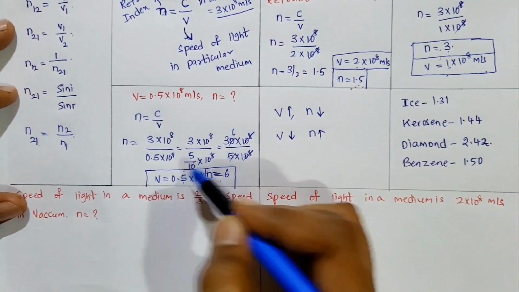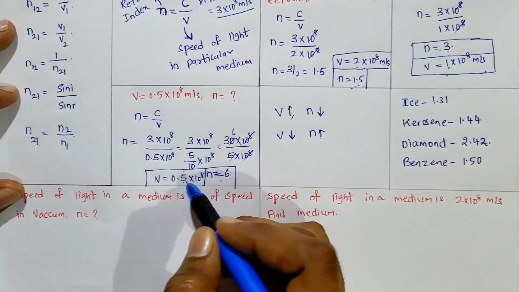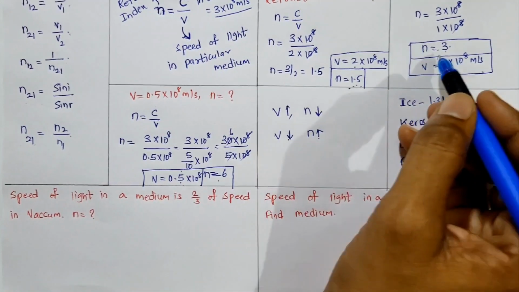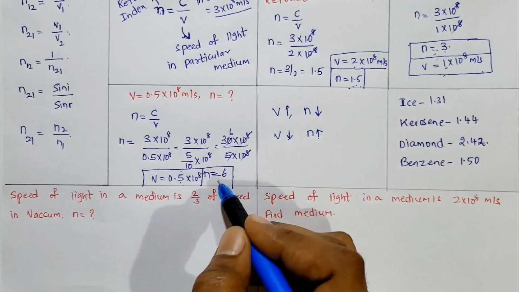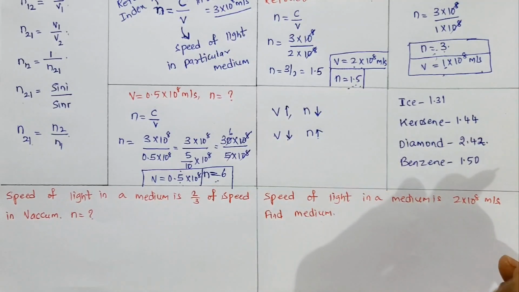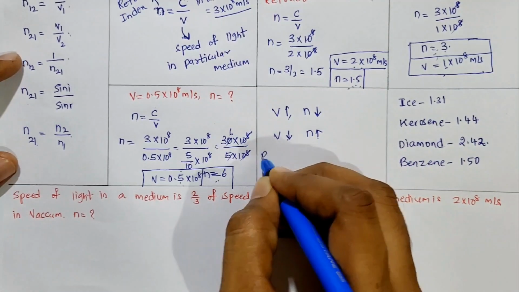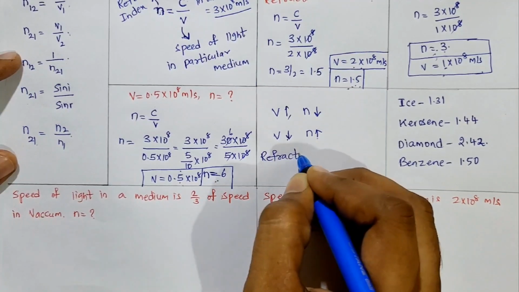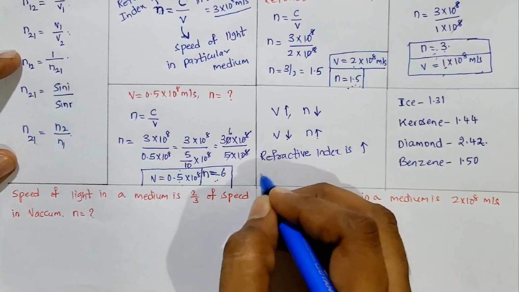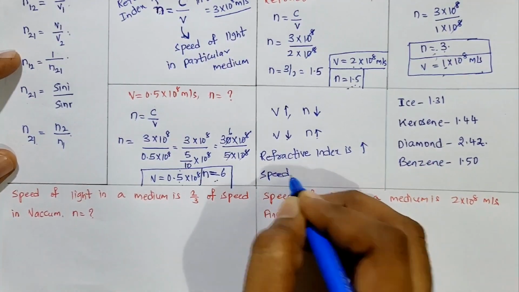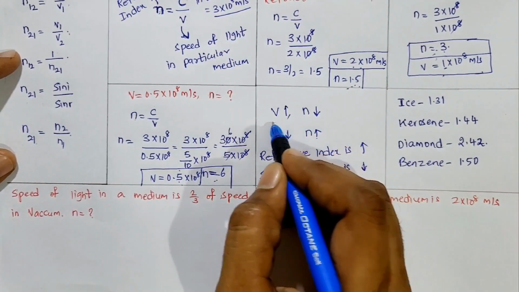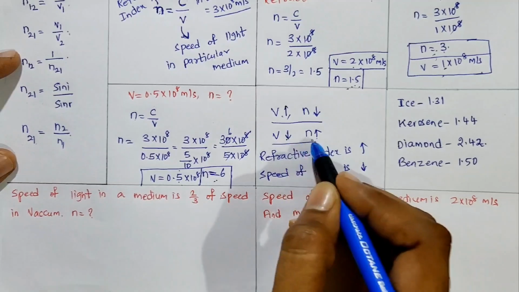From here to here if you see, v is 1 into 10 power 8. Here v is 0.5 into 10 power 8. v decreased. What happened to n? From 3 to 6, refractive index is increased. So what you have to understand here is, if the refractive index is more, speed of light will be less. v is more, n is less. v is less, n is more.